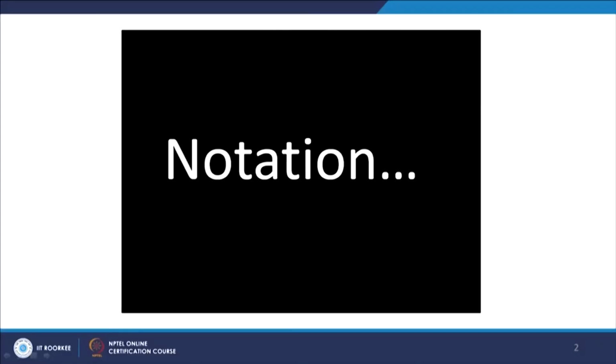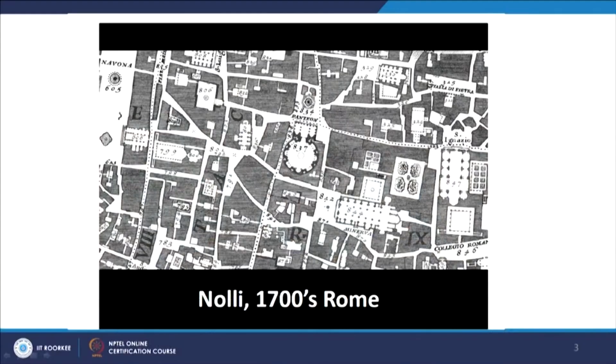Before coming to winter urbanism, I would like to talk about notation. What is notation? How do we notate places? If you look at this map of ancient Rome, Nolli's map, which is a very famous, highly cited map, it is a figure ground map, a well surveyed map, showing the open space network and the building footprints, and their connectivity patterns.